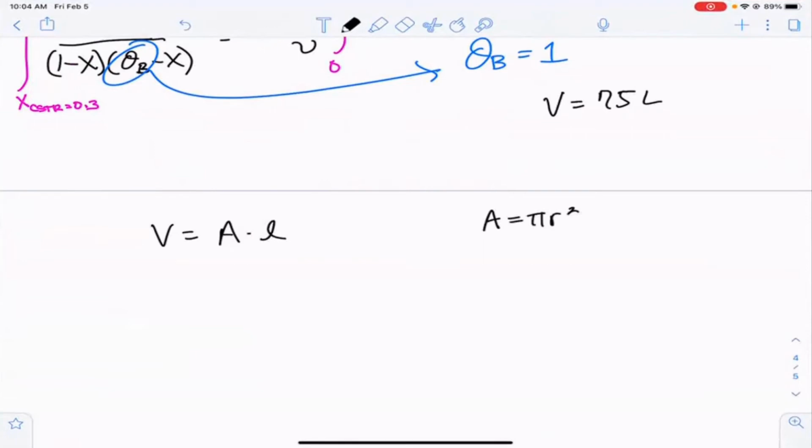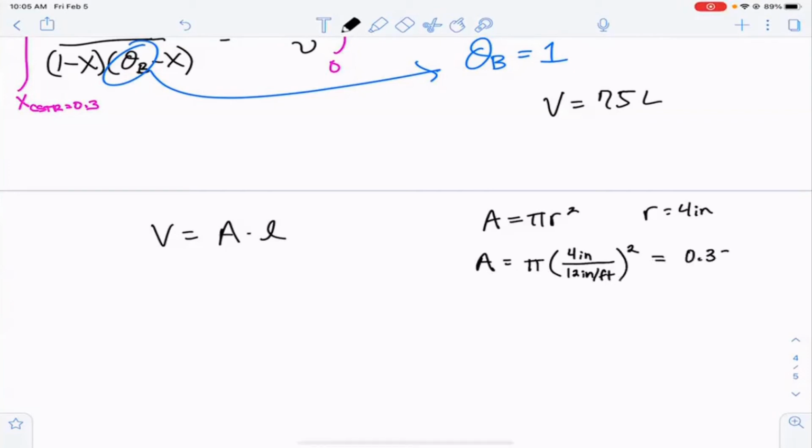We know from the problem statement that our diameter is 8 inches, so the radius is equal to 4 inches. If we want that in terms of feet, it's 4 over 12 feet, or 2 over 6. So our area is equal to pi times (4 inches divided by 12 inches per foot) squared.